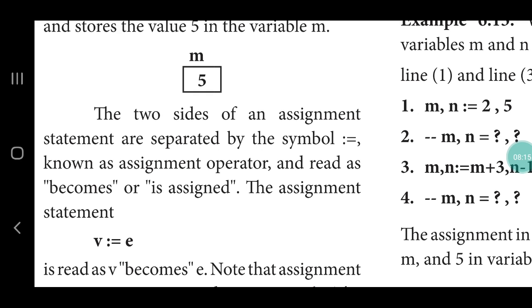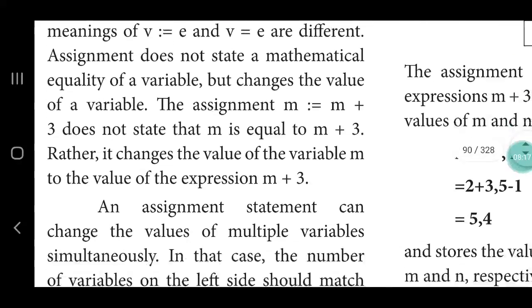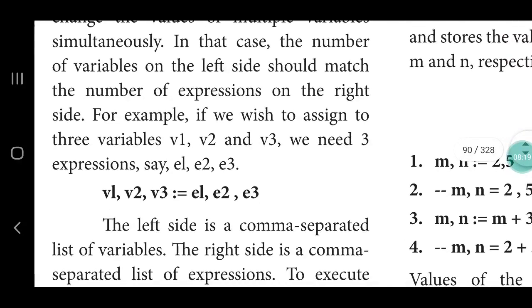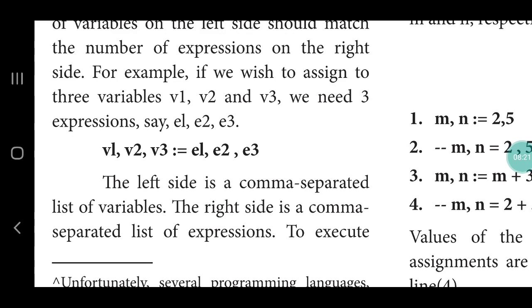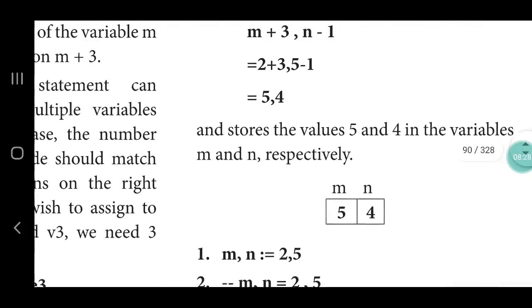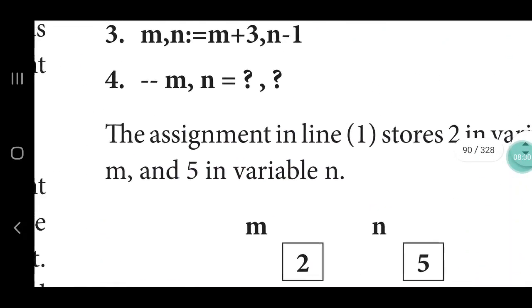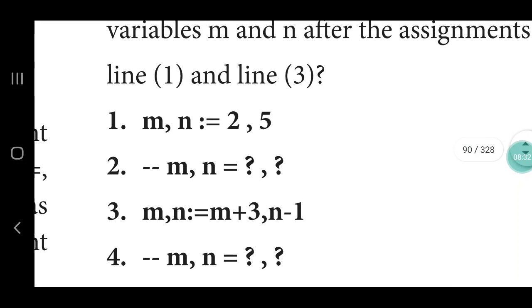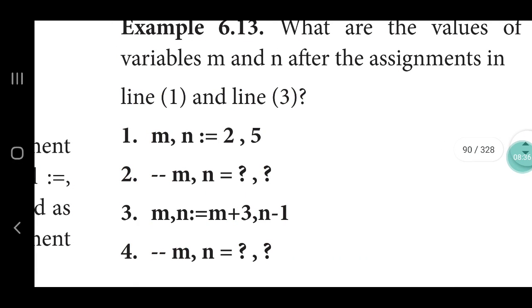That is, v1, v2, v3 equal to e1, e2, e3. The left side is a comma separated list of variables and the right side is a comma separated list of expressions. For this, let us see an example. m, n equal to 2, 5. Then m, n equal to what?